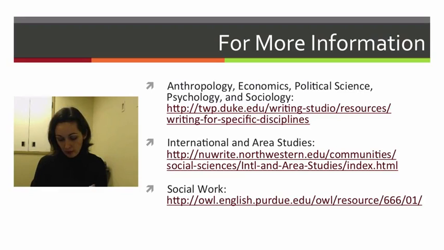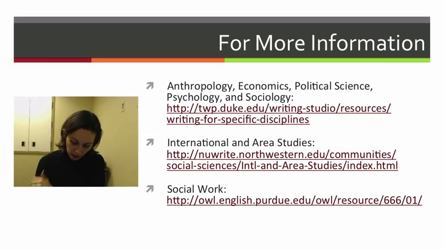The first one is Duke's writing program website, the Writing Studio Resources. It's a link to a guideline about writing in disciplines in social sciences, and it has more specific information about anthropology, economics, political science, psychology, and sociology.